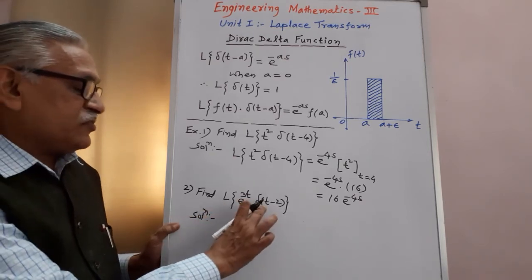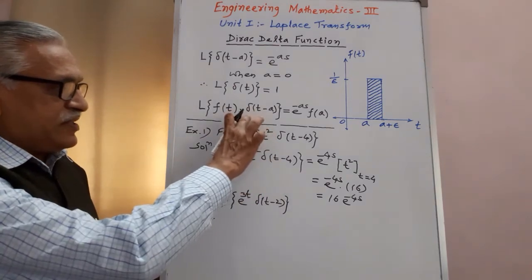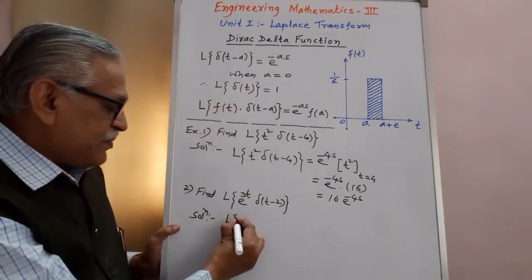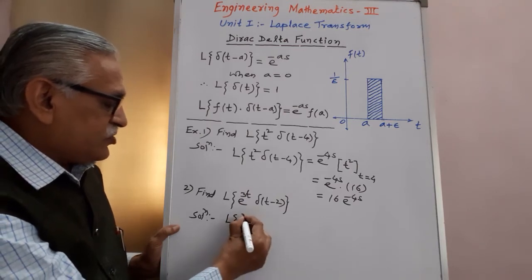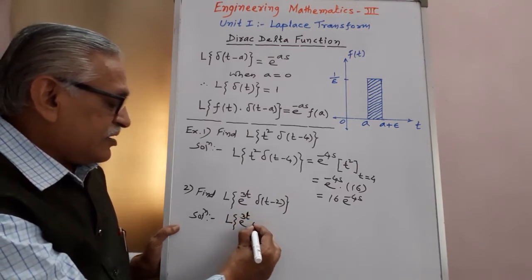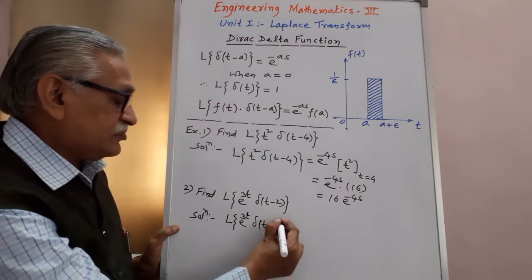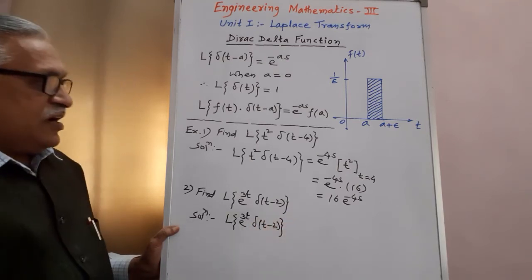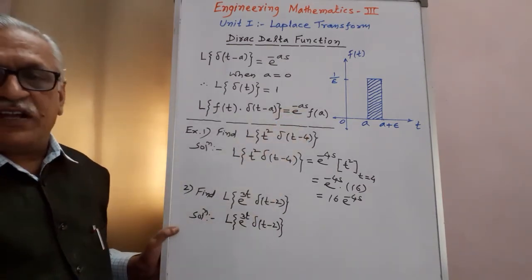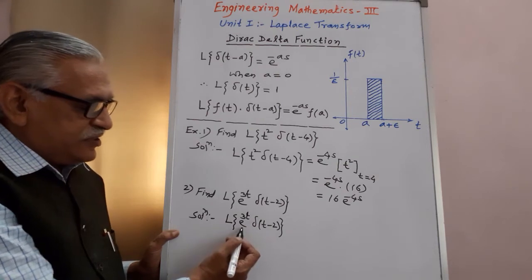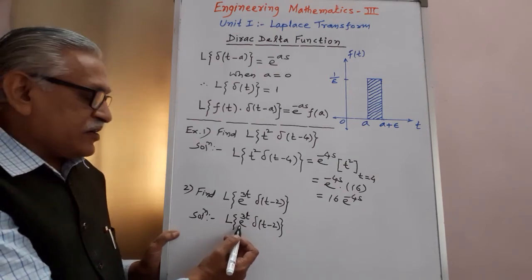Here we have f of t into delta of t minus a, therefore we have to apply this result. We can use this result, or we can use the first shifting theorem, as this function is multiplied by an e raised to a t type of term.